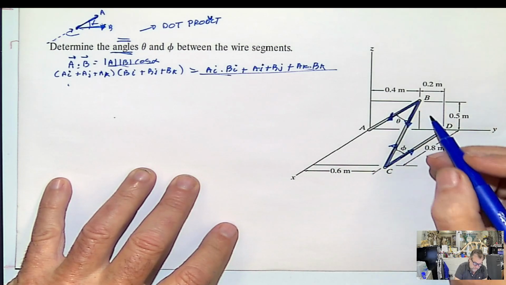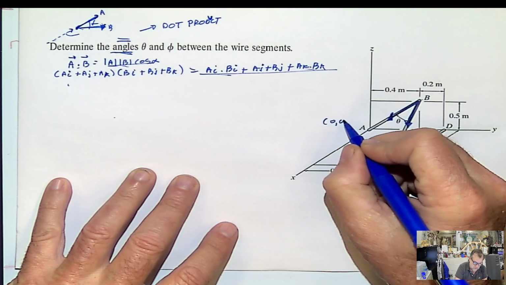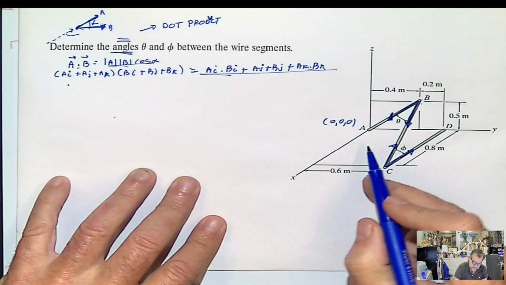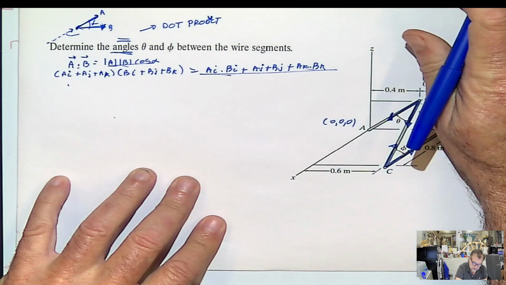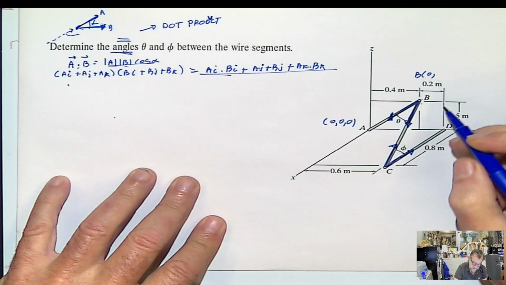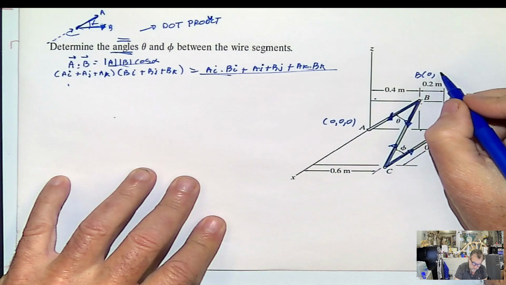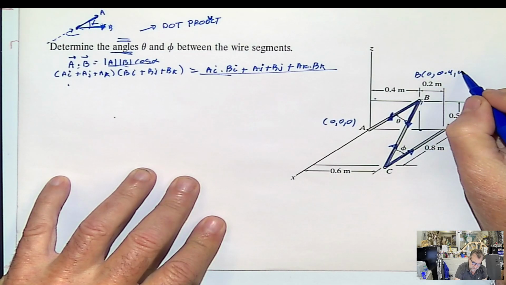That means we need the coordinates of the points. What are the coordinates of the point A? 0, 0, 0. What are the coordinates of the point B? In X, 0, because obviously you can see the point B is over this plane. In Y, it's going to be 0.4, and in Z, it's going to be 0.5.